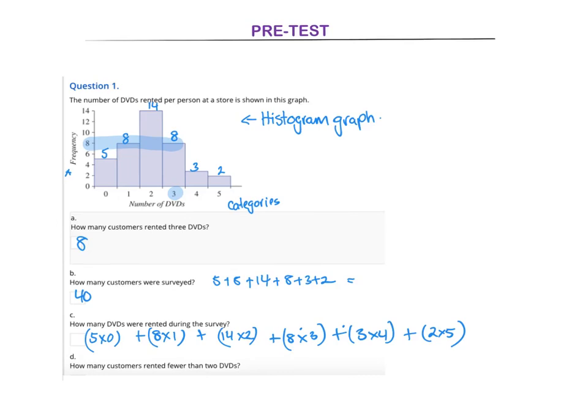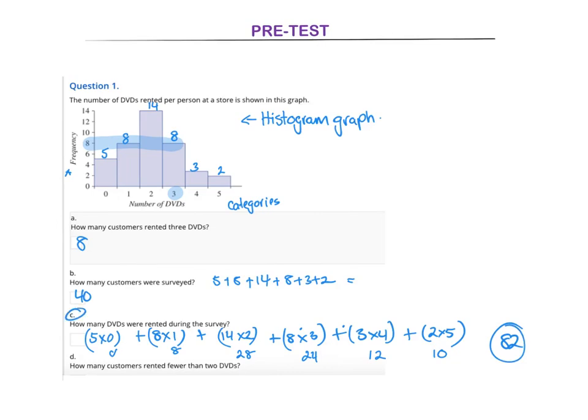So we have to be careful there, don't we? So that would be 0, 8, 28, 24, 12, and 10. So what have we got there? It's more than that. So 36, 56, 60, 72, 82. Yeah? So 82 was the answer for that one.